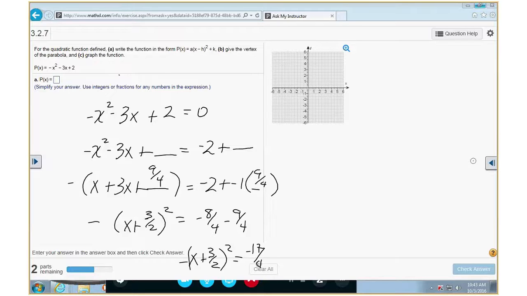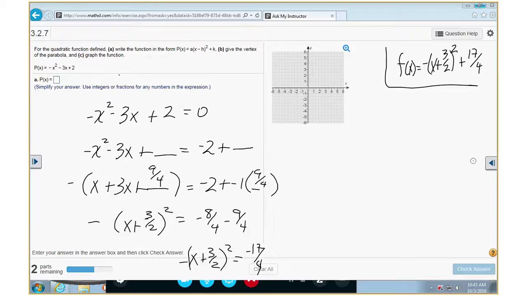Now at this point, you got two things that you need to realize. One, f of x is equal to negative x plus 3 halves quantity squared plus 17/4. They might ask for that.